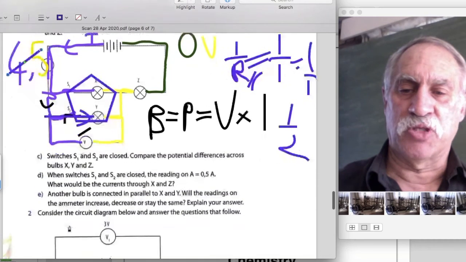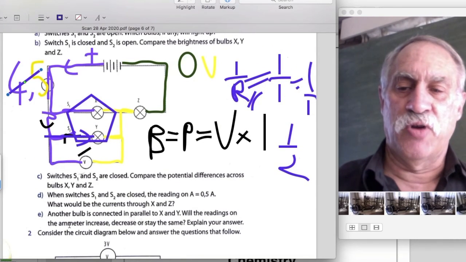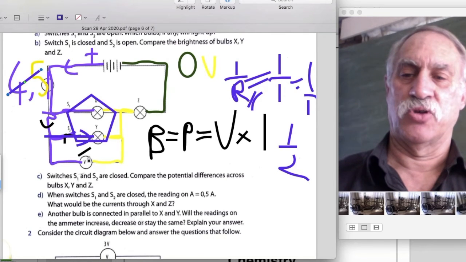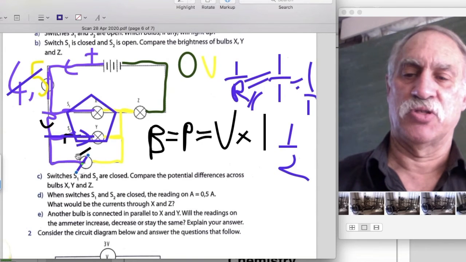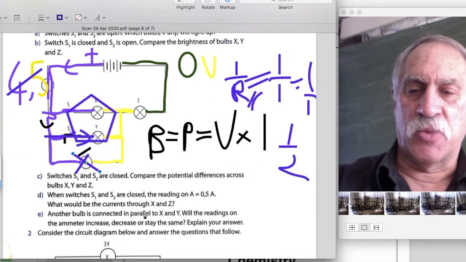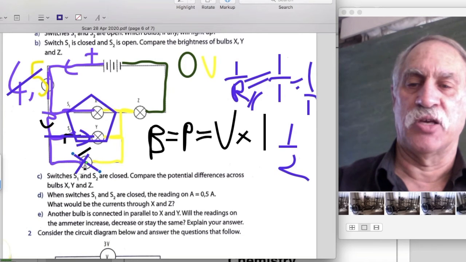Another bulb is connected in parallel to X and Y. Will the reading on the ammeter increase? Well, let's suppose that this was a bulb. Let's just turn that into a bulb instead of a voltmeter. So now we've got 3 bulbs, and they're in parallel, because it says another bulb is connected in parallel to X and Y. There's X, Y, and a third bulb.